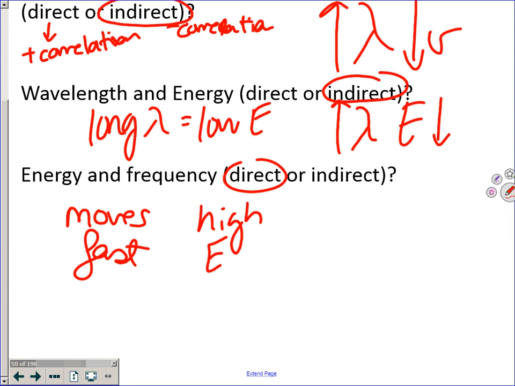I mean its frequency is high. A high frequency also means it's moving fast, which means it has a lot of energy. High frequency, high energy. So that's a direct relationship because as one elevates, the other one also elevates. As one diminishes, the other one also diminishes. So they move the same direction in terms of their mathematical relationships as well.